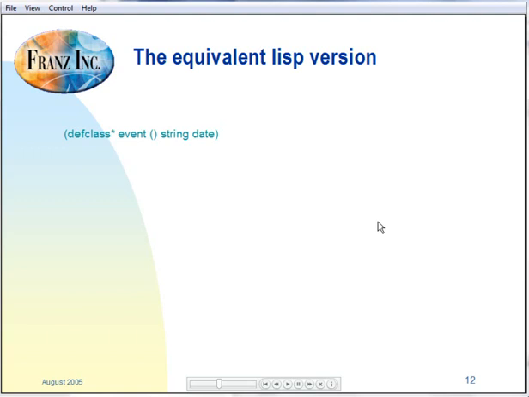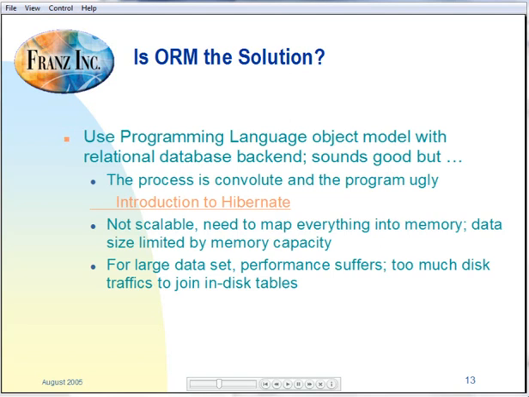Let's ask the rhetorical question: is the object relational mapping a solution? Well, in principle, using a programming language object model with a relational database sounds good, but as I've shown you in the previous example, it is a bit convoluted, and what we see from the literature is that it's not really scalable, and if you work with this object relational mapping for really large data sets, you get big performance hits.